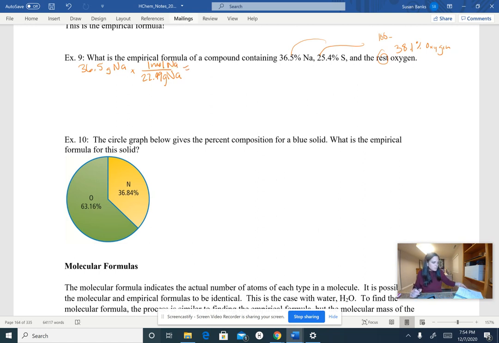So let's do the math here. 36.5 divided by 22.99 gives us 1.587 moles of sodium.